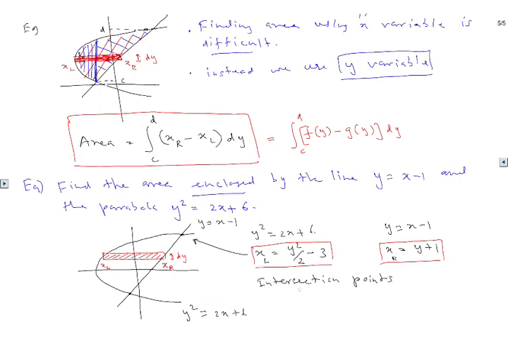If you set them equal, you get y squared over 2 minus 3 equals y plus 1, and if you multiply by 2, you get y squared minus 2y minus 4.